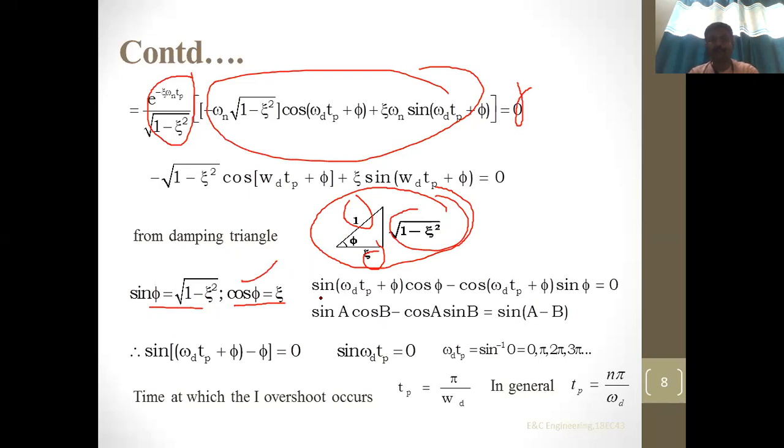Thereby, this takes the form as such, sine phi. Is it okay? And after simplification, it takes the form as sine of omega d tp plus phi into cos phi minus cos of omega d tp plus phi into sine phi equal to 0.